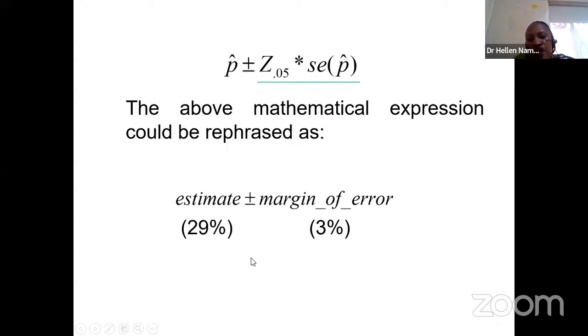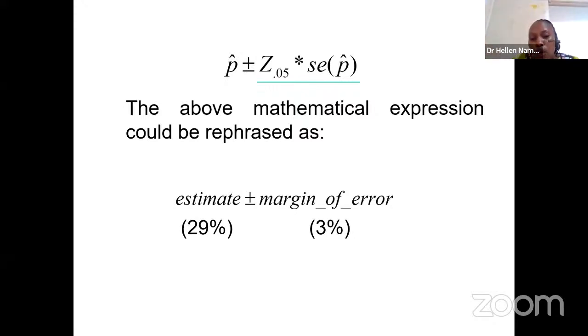This is just a summary: we get the estimate, then plus or minus the margin of error. Because by the end of the day, we want to ensure that the true estimate, which is obtained from the population, is what we have estimated. However, when we're looking at the sample, sometimes we are not so certain that the estimated value is going to be equal to the true value.